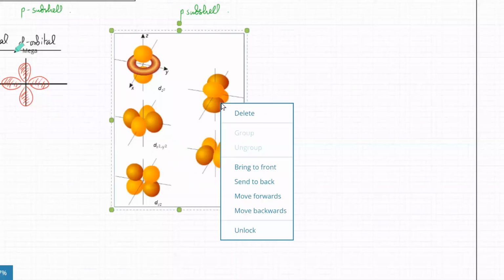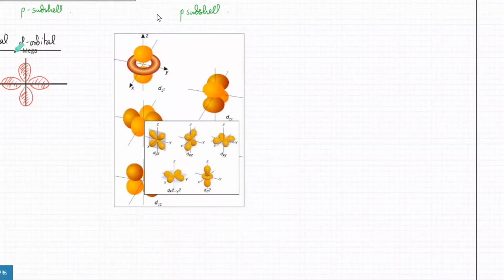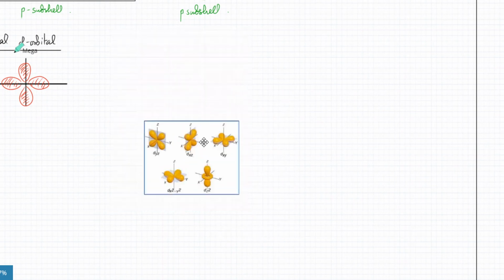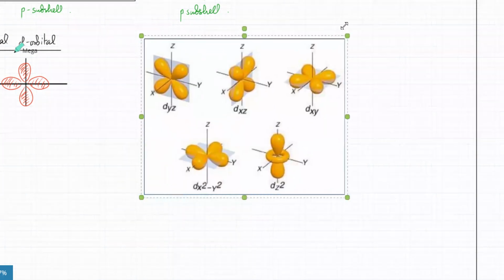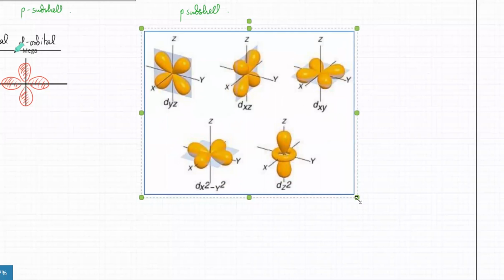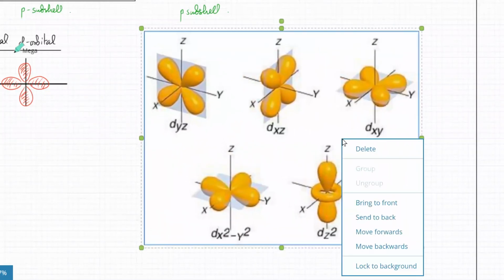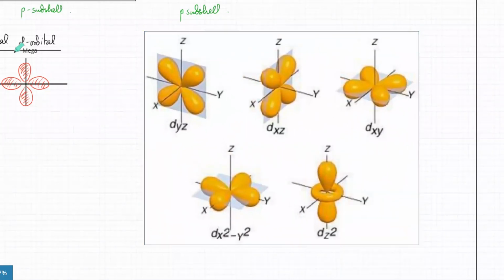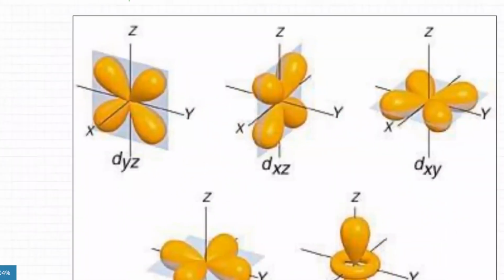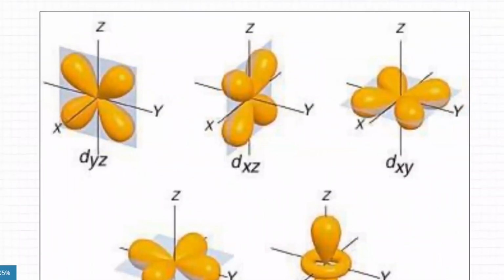Okay, let's take this one. The axes are labeled as well. Now this one, 4 lobes the electron could exist in.